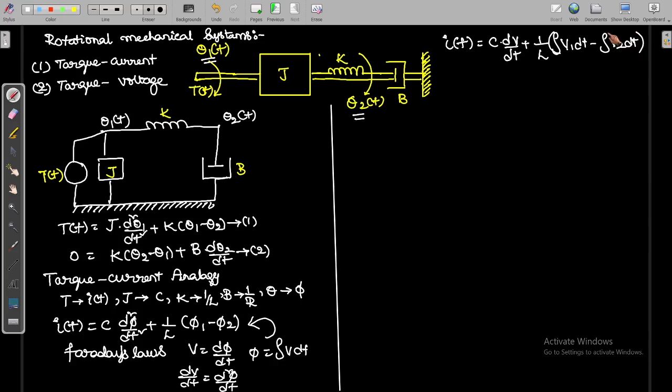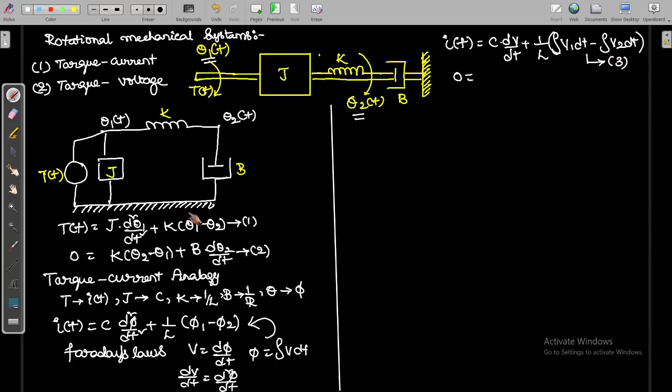Next, for the second equation, 0 is equal to k, and we write this equation as number 3.